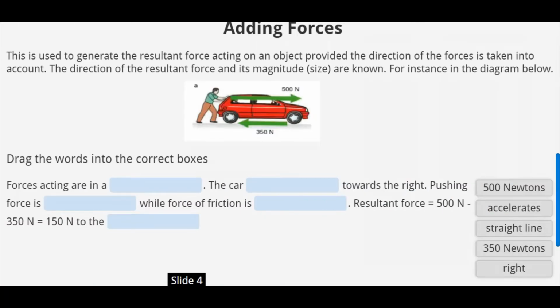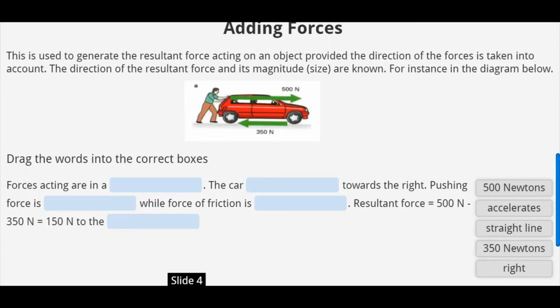Now, how do we add forces? Let's deal with how to do that. This is used to generate the resultant force acting on an object, provided the direction of the forces is taken into account. The direction of the resultant force and its magnitude are known.